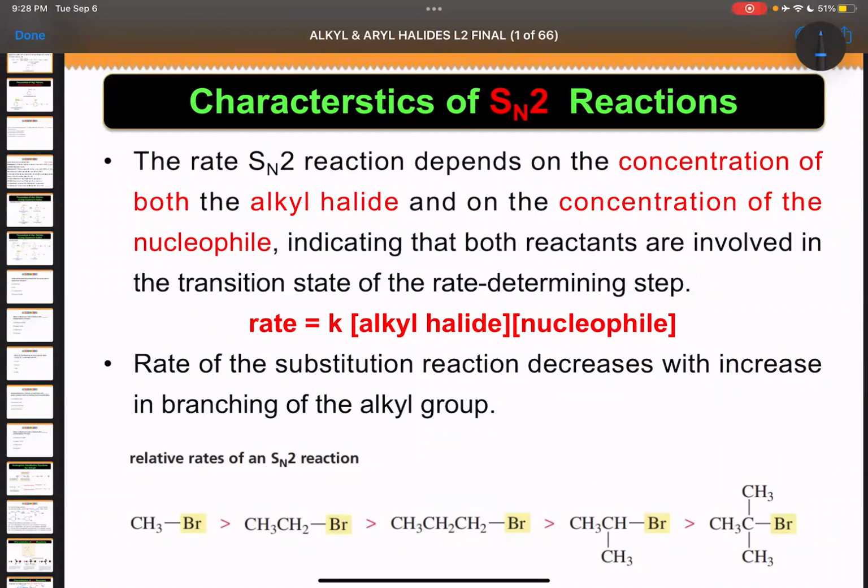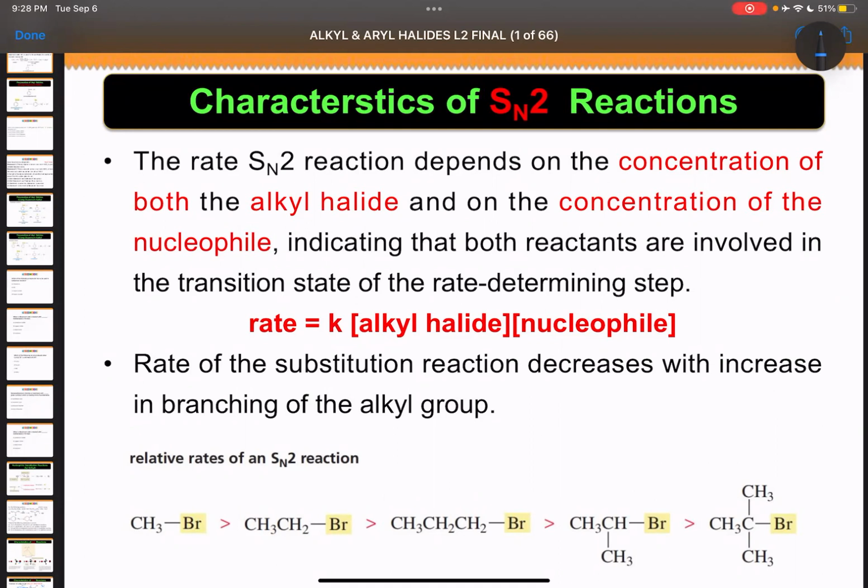Only if there is a completely developed cation does the nucleophile go in and attack. It will not play a proactive role, unlike what we have seen for SN2.